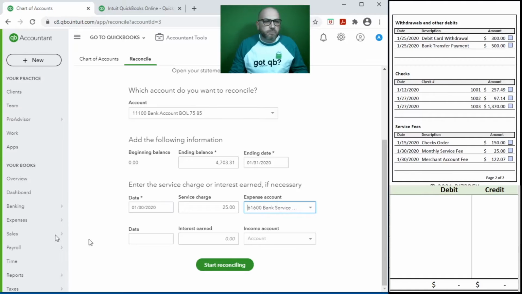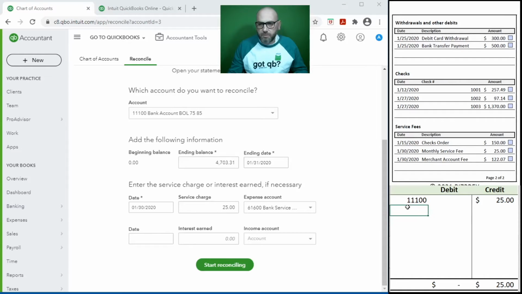We don't have any interest earned. So again, what's happening here? Right here, we are booking a transaction. We covered it previously, but let's make sure we understand the debits and credits. One thing we know for sure, our bank account balance will be reduced by $25, because it's a service charge. Bank account is an asset. It's reduced when it's credited. So this $25 right here is a credit to this account.